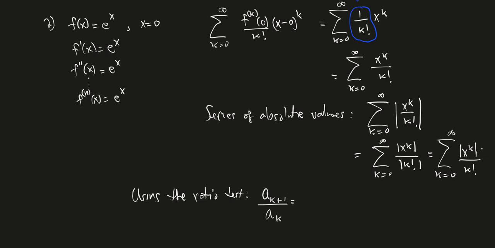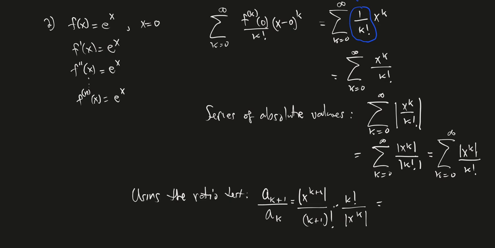So take this expression, replace all the k's with k plus 1. So the absolute value of x to the k plus 1, divided by k plus 1 factorial, and then multiply by its reciprocal. Since we're dividing by a sub k, we have k factorial over the absolute value of x to the k.